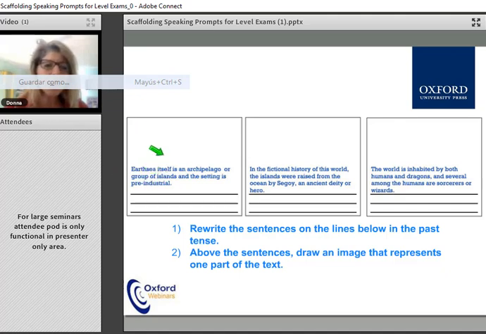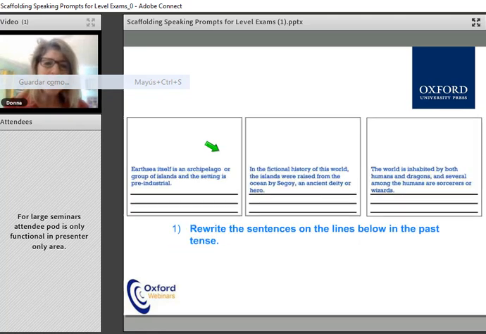So what they need to do is figure out something they understand here. If they only understand archipelago, which is the same in Spanish, they draw an archipelago. Then they're going to begin to understand the rest of the sentence. They take the sentence, put it in the past tense, and draw something they understand from the sentence. Okay, the same here. So you have them do that, and you've broken up the whole paragraph into different parts.